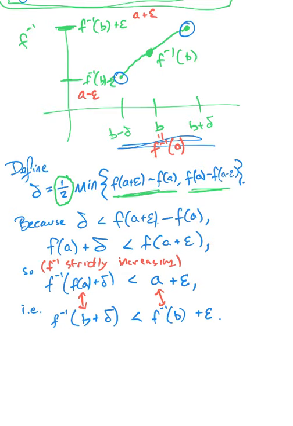Now, we've defined delta so that we go over here on the right, and what have we shown? We said f inverse of b plus delta, that is indeed the point that I've marked on the graph, is less than f inverse of b plus epsilon. That's exactly what we wanted, right?